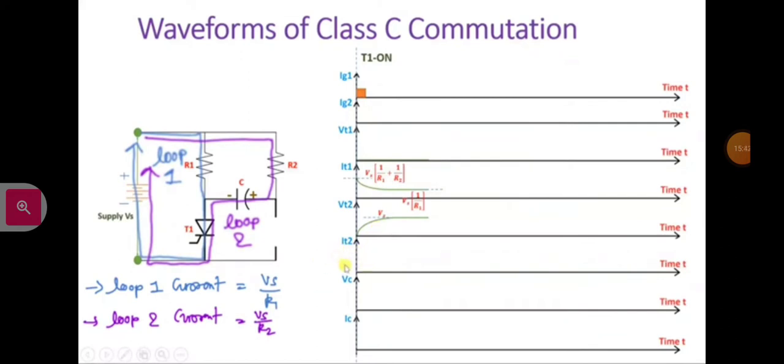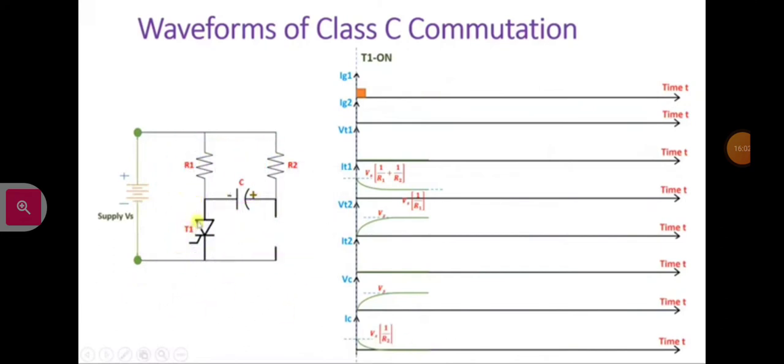And the current across thyristor T2 will be 0, and the voltage across the capacitor will be the same as the voltage across thyristor T2. So it will happen like this. And the current across the capacitor, initially it will be Vs by R2 and it will decrease to 0, you can see. So that is the case which will happen.